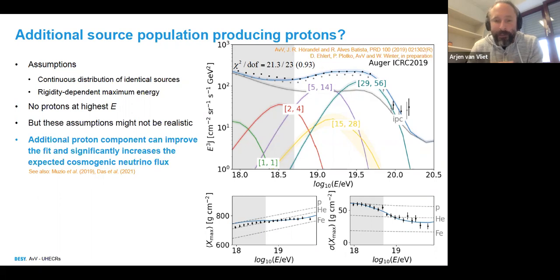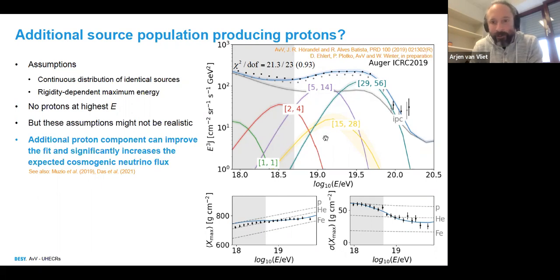And the idea of this additional source population is that you have additional sources that are either really a different kind of source that can accelerate cosmic rays up to much higher energies, but produce a subdominant component compared to what is happening in the intermediate energy range.